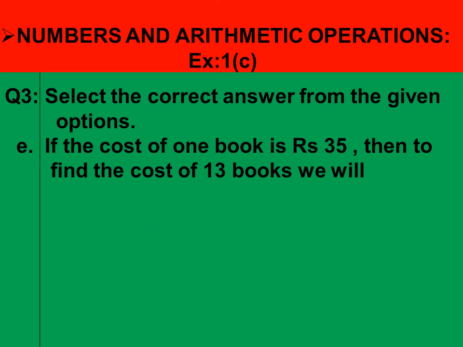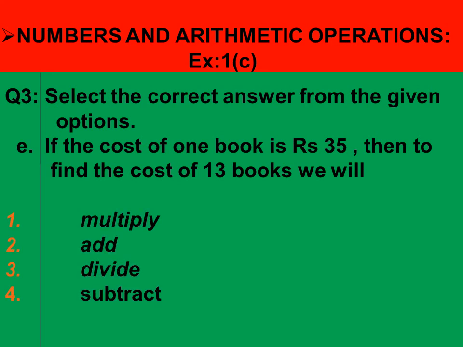Now dear students, part E. In part E, the statement is that if the cost of one book is rupees 35, then to find the cost of 13 books. Dear students, look at this statement. In this statement, the cost of one book is given and we have to find the cost for 13 books. Okay, what will we do?